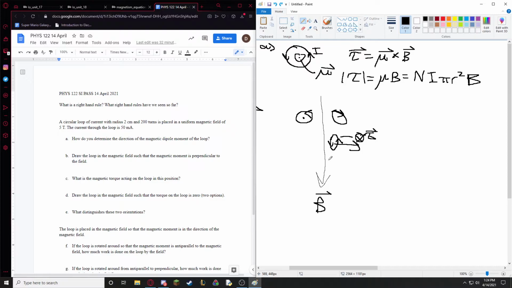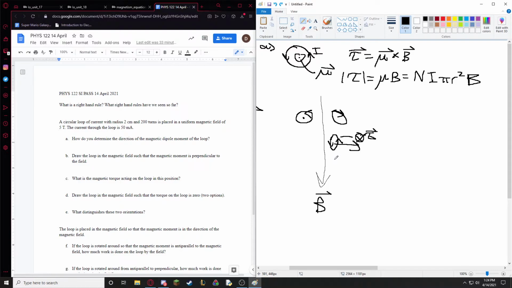So if torque is going this way. Okay, I think I'm kind of confused. It's rotating like top over bottom. It rotates about the axis that the torque vector is on. Exactly.